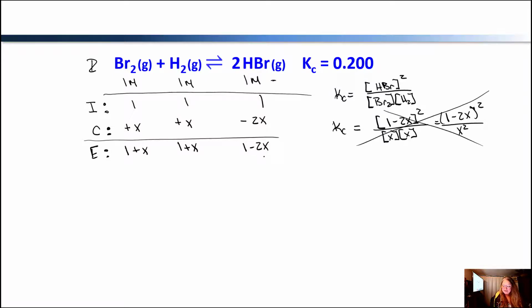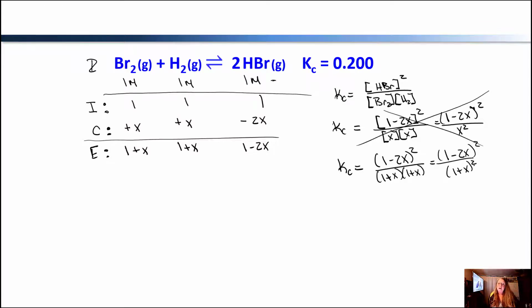That's what happens when you skip steps. So Kc then, that still holds, is 1 minus 2x squared divided by 1 plus x times 1 plus x, otherwise known as 1 minus 2x squared divided by 1 plus x squared.